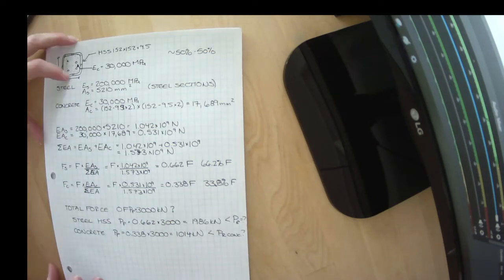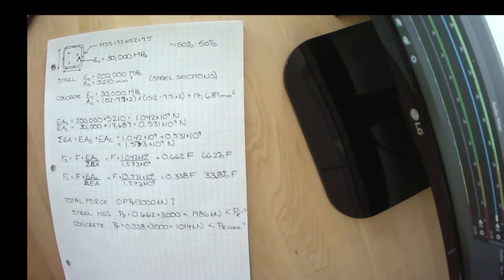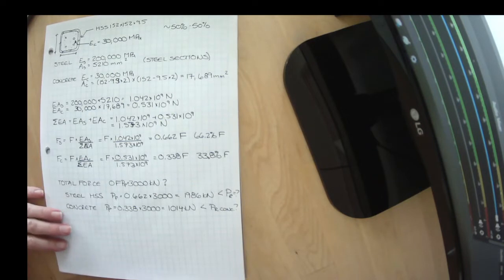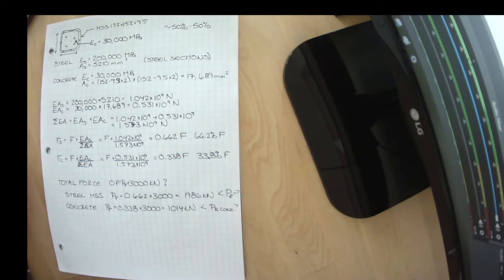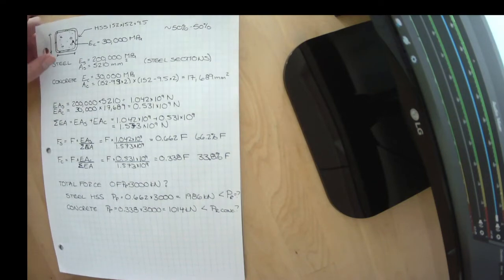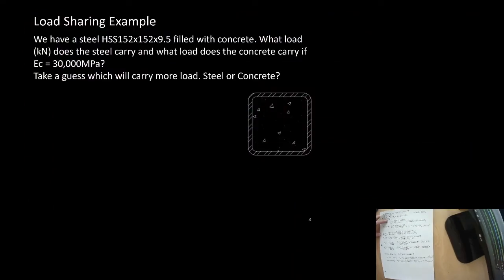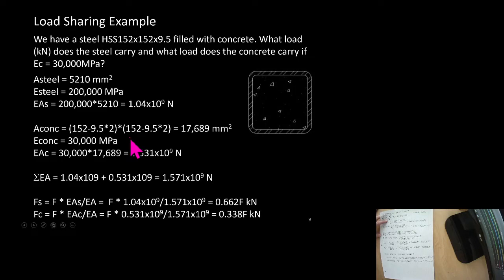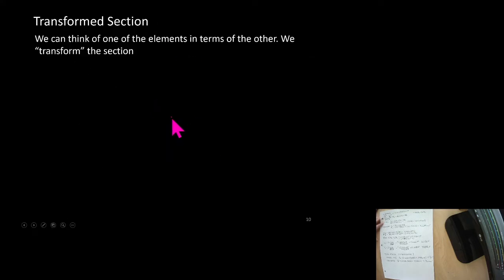We're going to ignore that part for right now. But now all we need to do is calculate PR for the steel and PR for the concrete, and we know if this column works. That is worked out here for you as well.